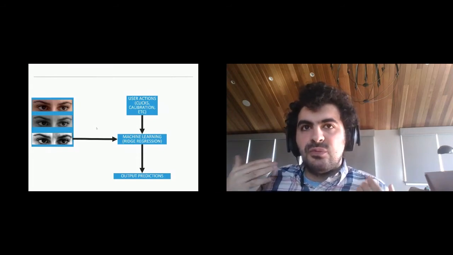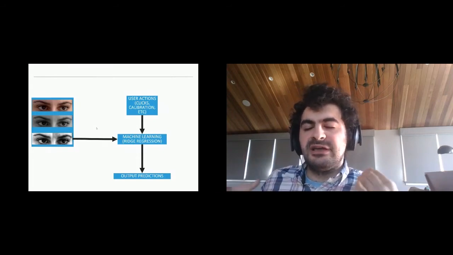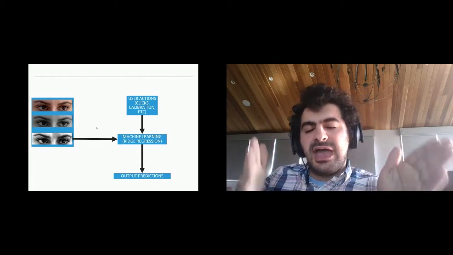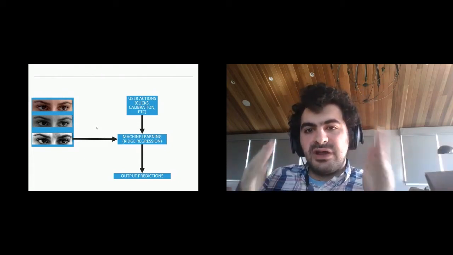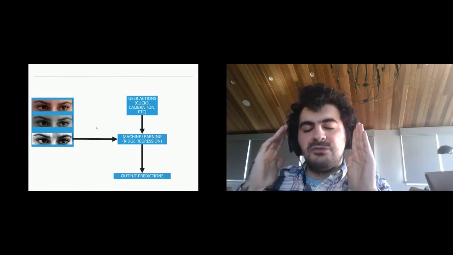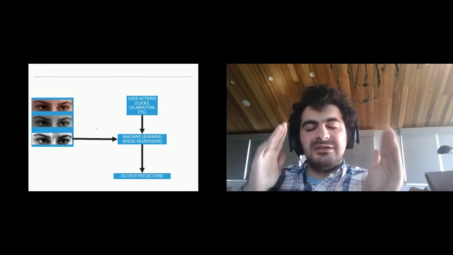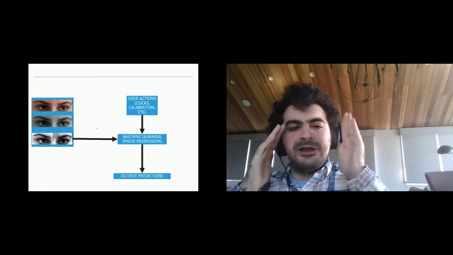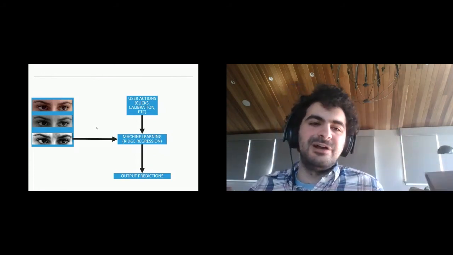And it generalizes well because there is a linear relationship between where you're looking at on the screen and what your eye looks like, because there's a linear relationship between where your head is and where the points on the screen are.